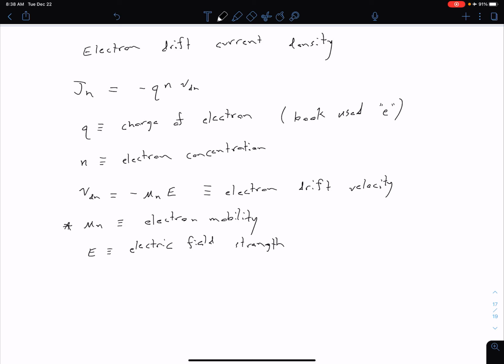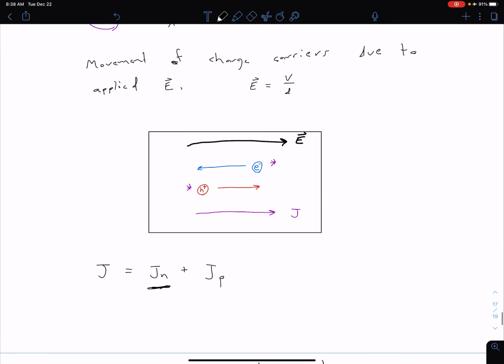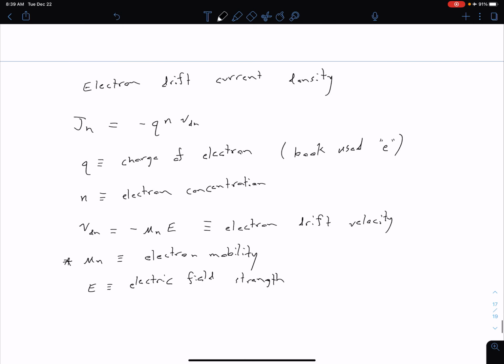But essentially this electron mobility is how easily the electrons are able to move throughout the lattice. We notice that this velocity has a negative sign in it as well. The reason for that is, of course, because the electrons are going in the opposite direction of our J. So our electrons are going from right to left, whereas our J is going from left to right. But what we're going to see is that this negative sign will cancel out with this one, so that overall we have a positive value here.